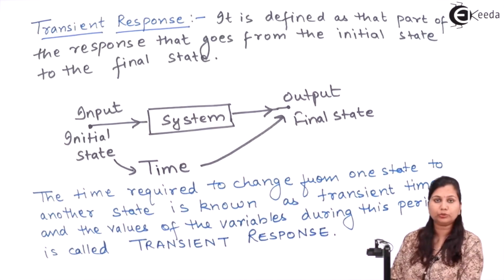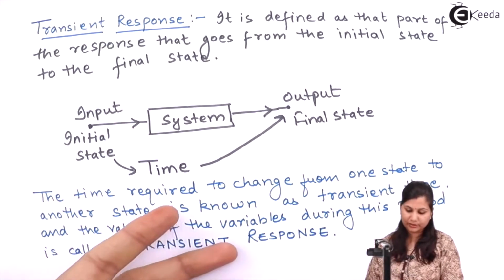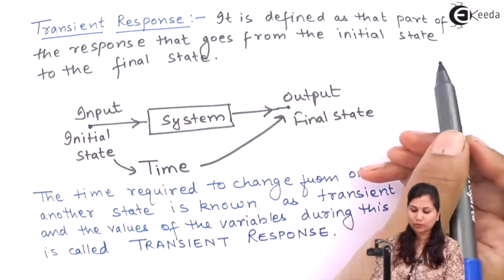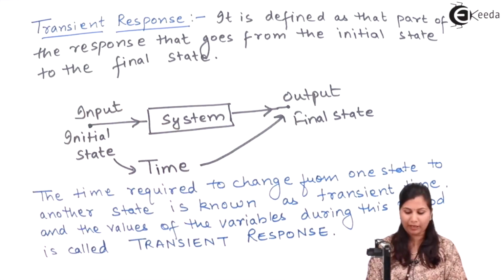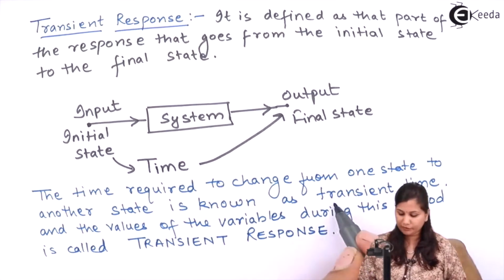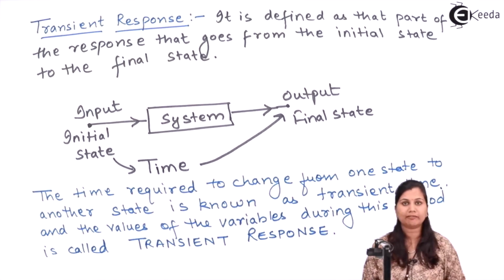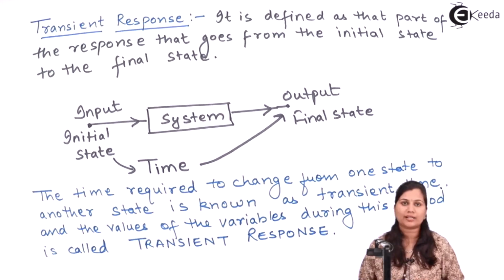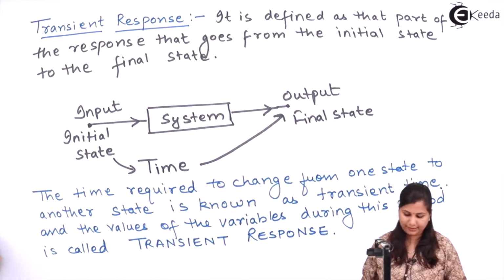So these are the two definitions of transient response. First, it is that part of the response that goes from the initial state to the final state. Second, it is the time required to change from one state to another state. We call it the transient time, and the values of the variables changing in this period are called the transient response of the system.